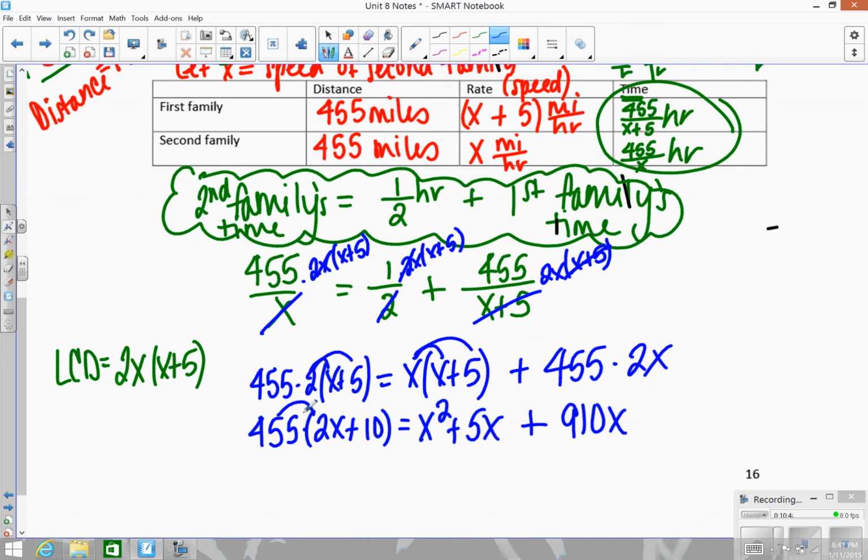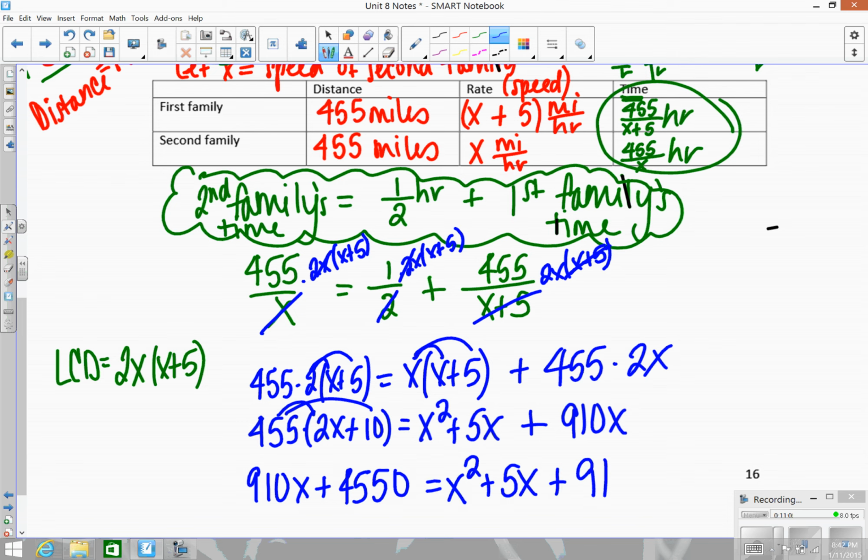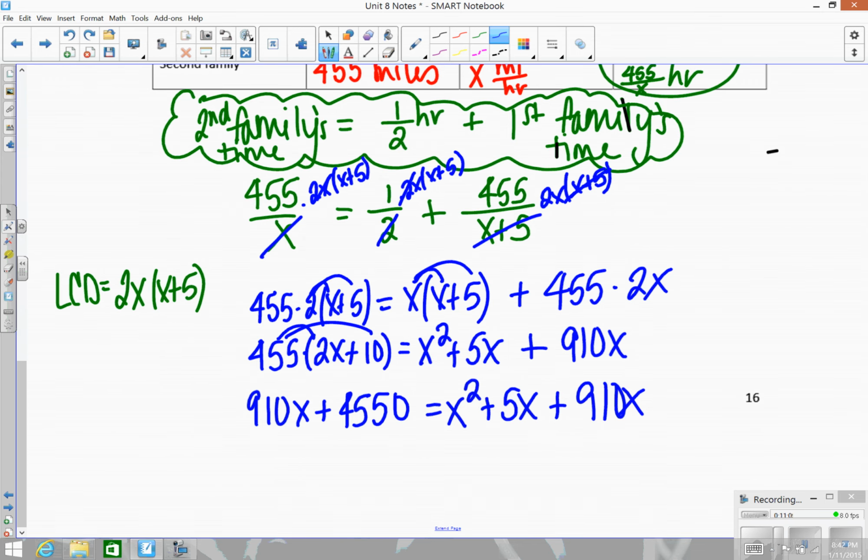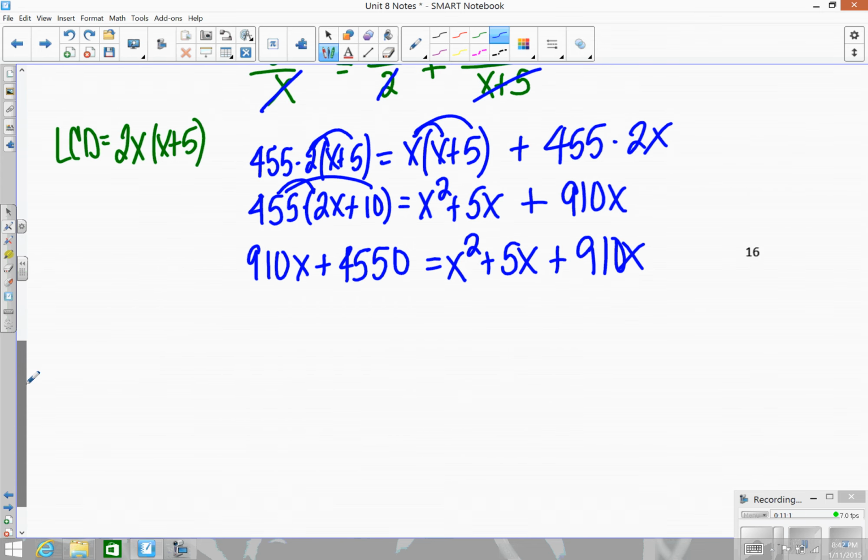So now I'm going to distribute this. I'm going to have 910x plus 4,550 when I multiply that by 10, equals x squared plus 5x plus 910x. So hopefully you're thinking, okay, I need to factor this to be able to solve because there's an x squared. That means I need to get 0 on one side. So I'm going to bring this 910x over.